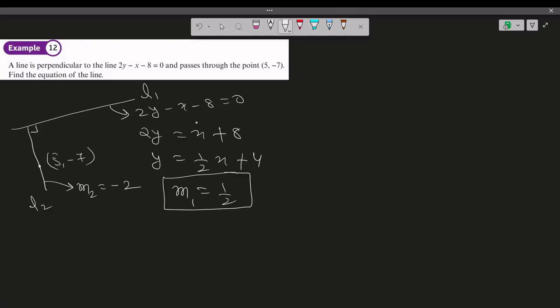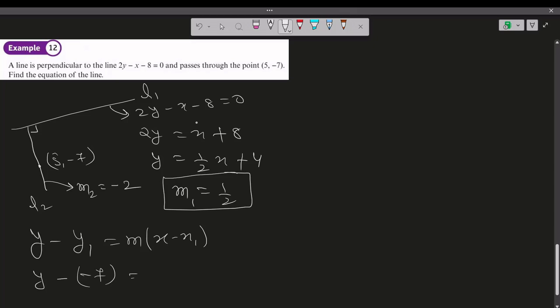Now for line L2, we have the gradient and we have 1 point. Let us use the gradient-point form: y minus y1 equals m into x minus x1. Y1 is minus 7, x1 is 5. So what we got is y plus 7 equals minus 2x plus 10.